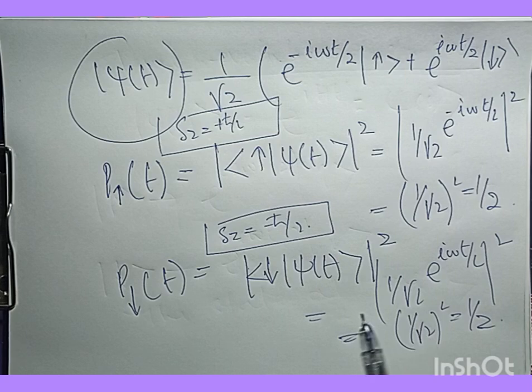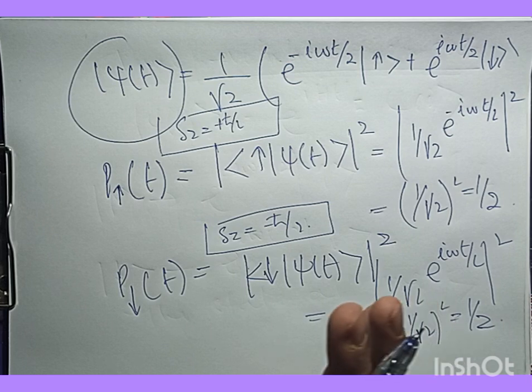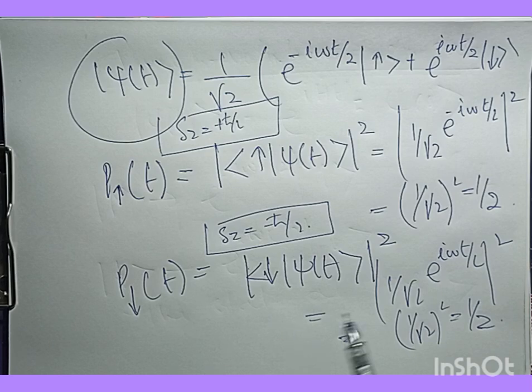If we measure these probabilities along the x-axis, they will oscillate, and these oscillations will be due to the precession of the spin around the z-axis.